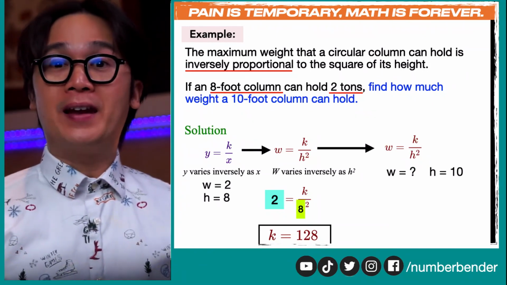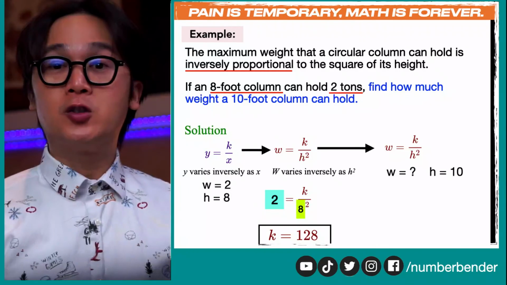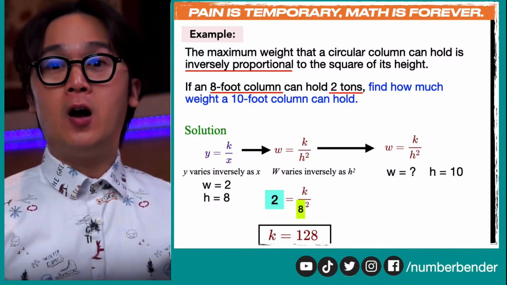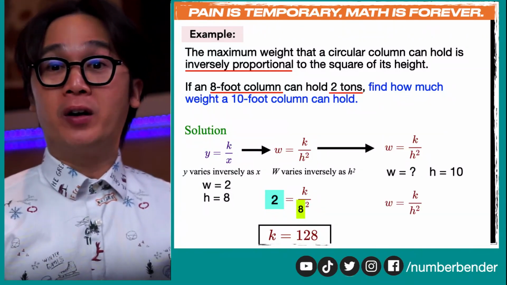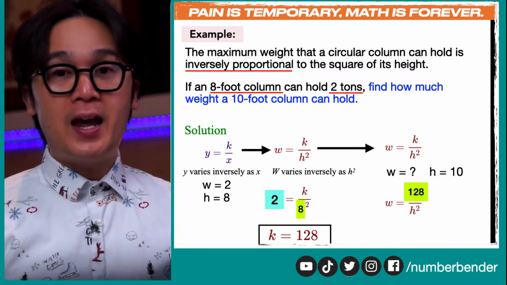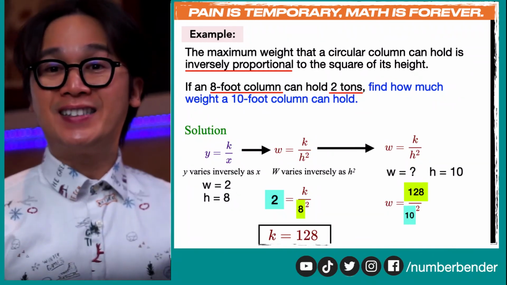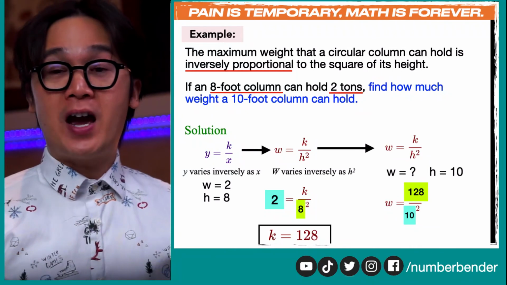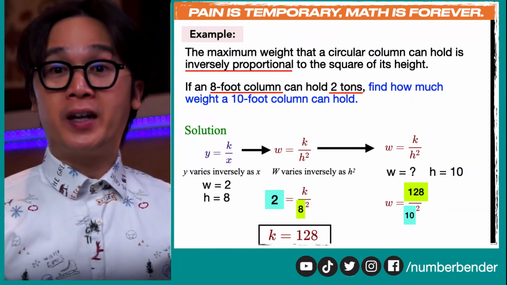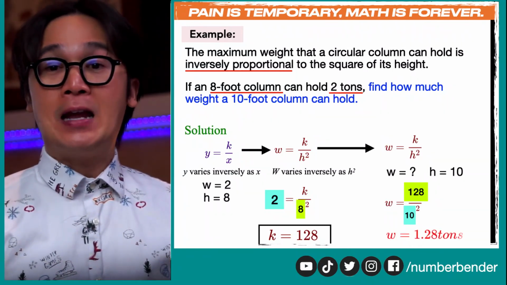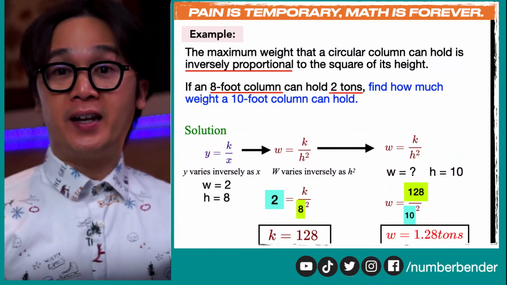Now, we know that our k is 128, so if we use this formula, all we have to do now is to replace our k, which is 128, and replace our h, which is 10, and by simplifying our fraction, we have 128 all over 100. That will give us 1.28 tons.